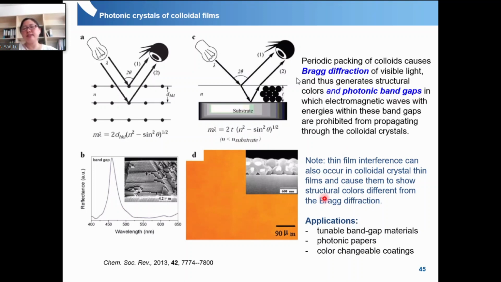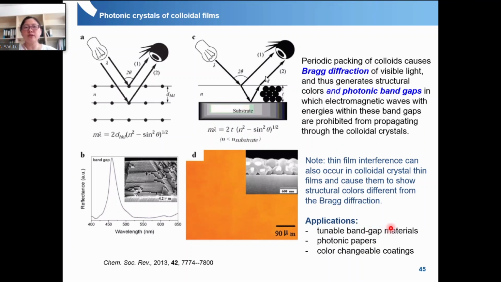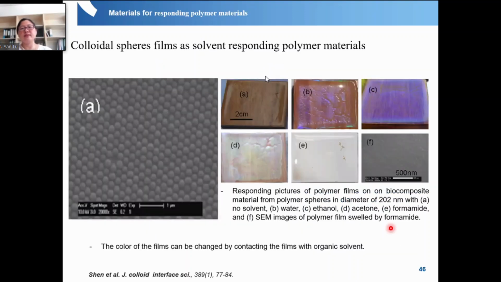And of course, here you can have different applications for such photonic crystals based on colloidal films. This is also one example: you can even use responsive polymer materials to form such photonic crystal structures.